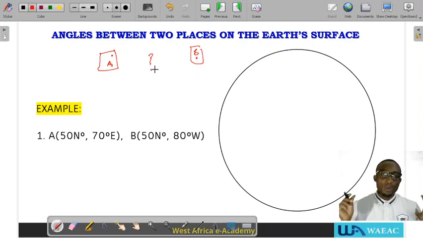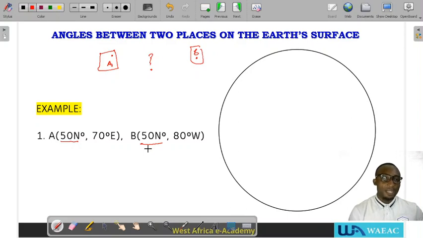I know how to locate a point on the Earth's surface. How can I know the difference between the places? So look at this example. Before I locate my angular difference, you will observe that at point A, I have the latitude of 50 degrees north, and at point B, I have 50 degrees north.